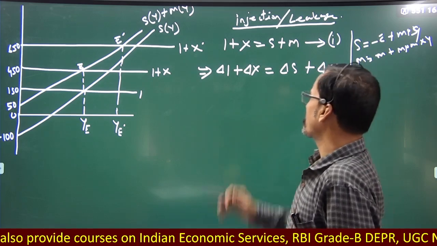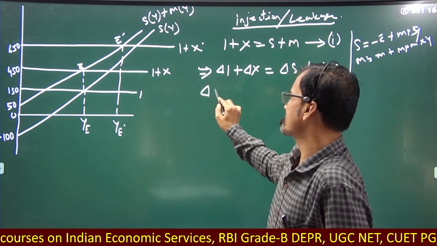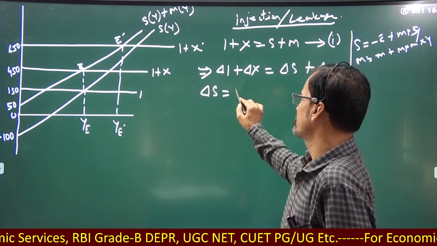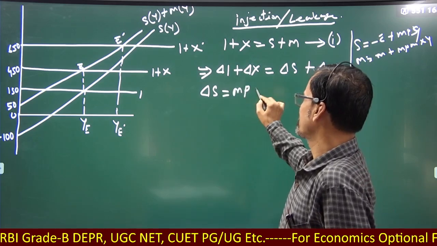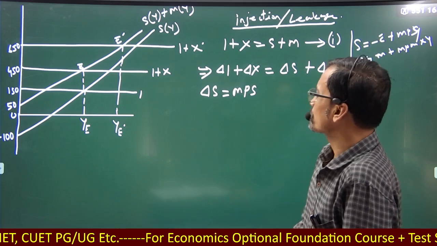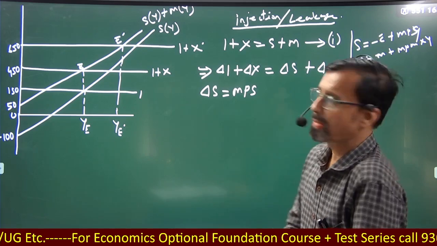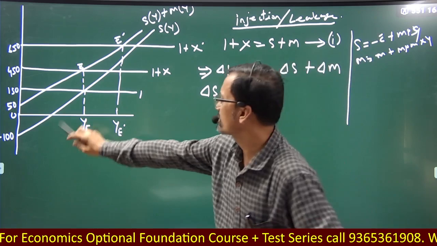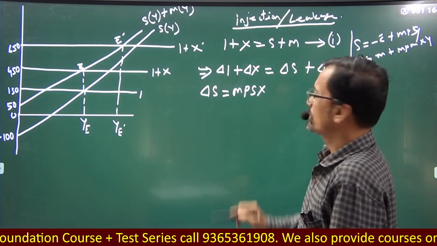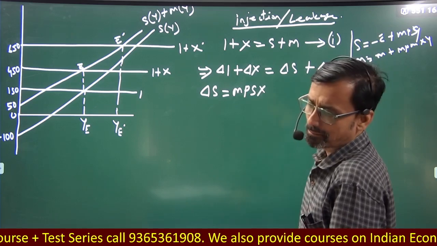So we can write change in saving as the marginal propensity to save, or the rate of saving out of income, or the slope of the savings curve, times the change in income.